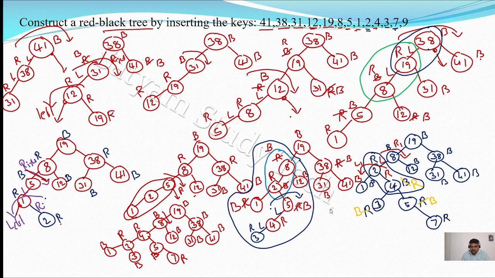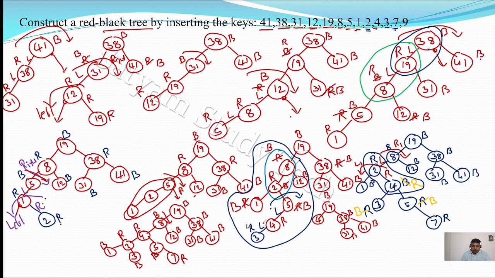Okay, now we can see the diagram here, it is 19 and you can perform here, the 4 becomes the parent and it is 38, right? Here it is 41, here it is 31 which is black color, 38 black.